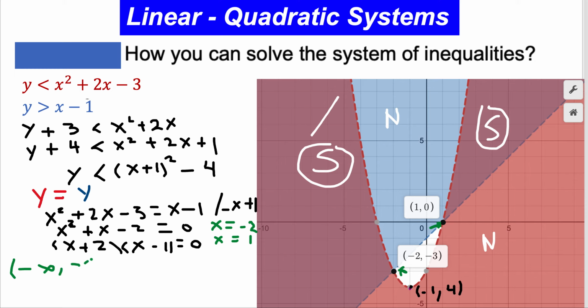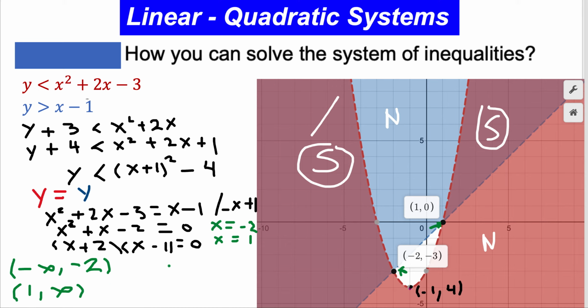That's why I am taking this parenthesis. And the other interval of the solution is from 1 to infinity. It does not include 1. And that's why I'm writing it here.